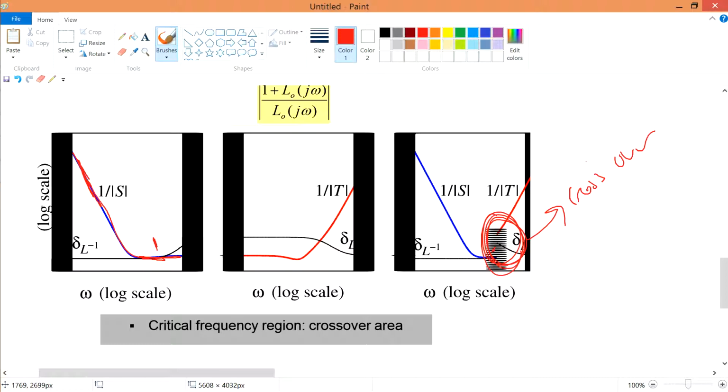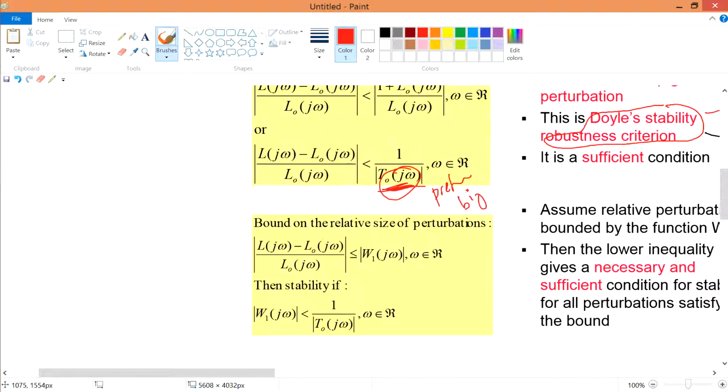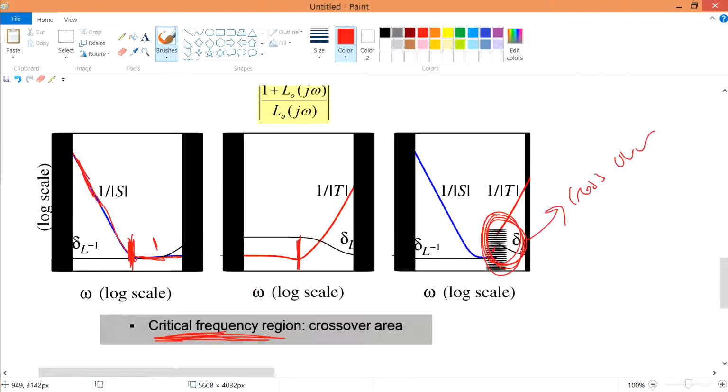And it's a critical frequency region, where this is somewhat over here and this somewhat over here. This critical frequency region relates to this inequality over here. This 1 over t0 simply relates to this region, and therefore this region is good, so I give a thumbs up.